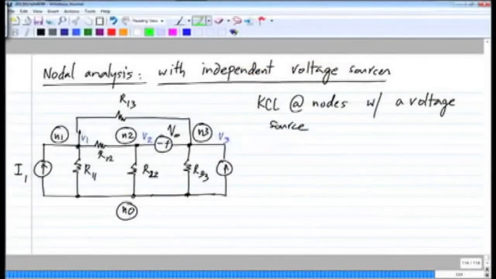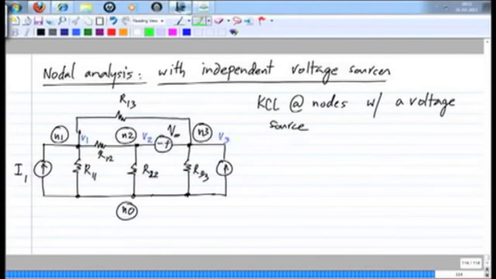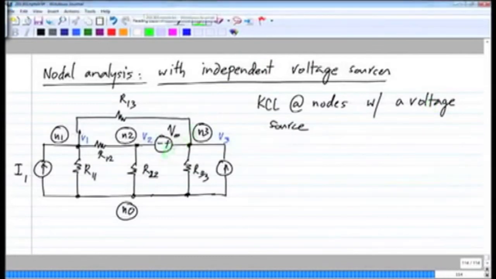So now what do we have to do? We have an extra unknown, let me call that Ix, and I will use the passive sign convention as always. I will show the current through the voltage source as going from plus to minus. As we said, this Ix is not known.